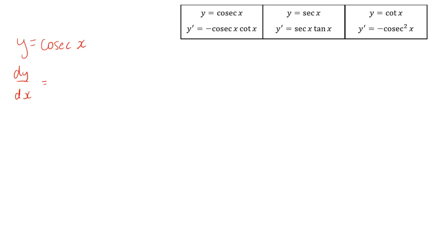Now, using facts that we already know, we know that cosec of x is the same as 1 over sine of x. That's the definition of what cosec is. It's 1 over sine. So we could write this as sine of x to the power of minus 1.